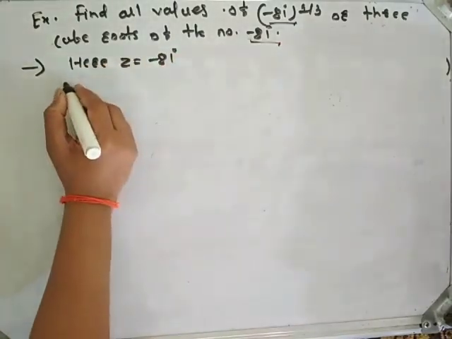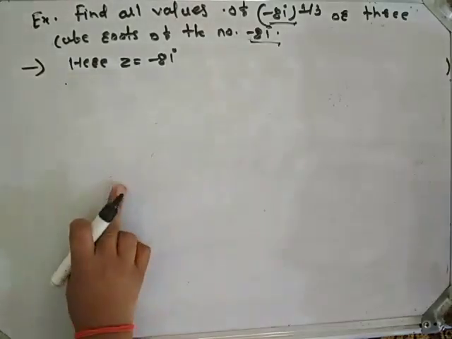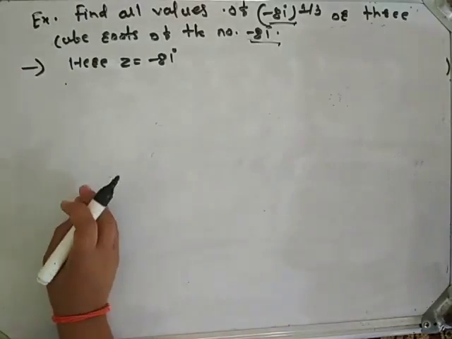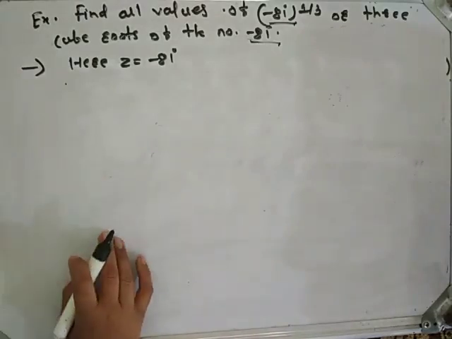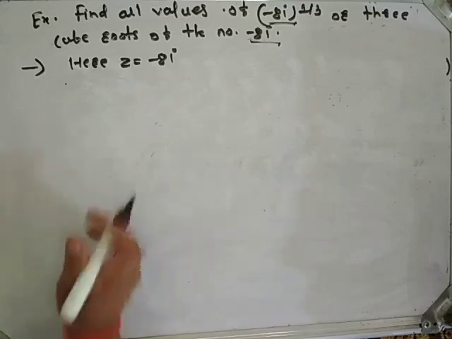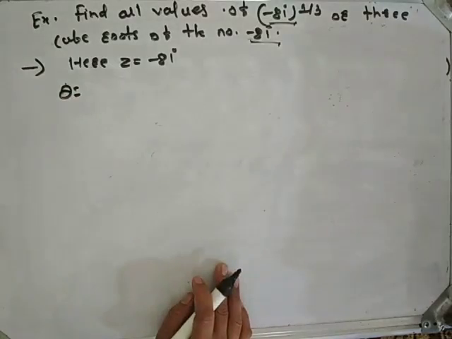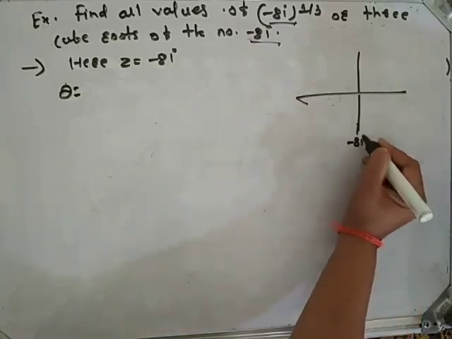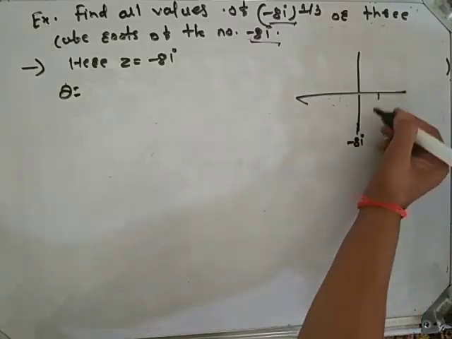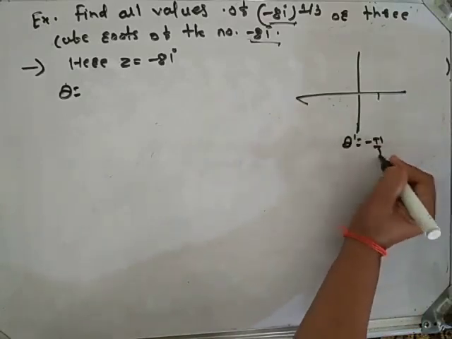So here we have to write this z in exponential form. For this we have to find the argument of z and the value of r. Minus 8i lies here, so theta is minus pi by 2.